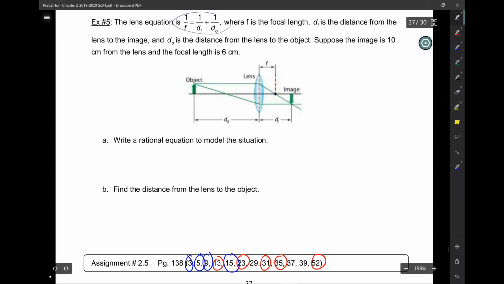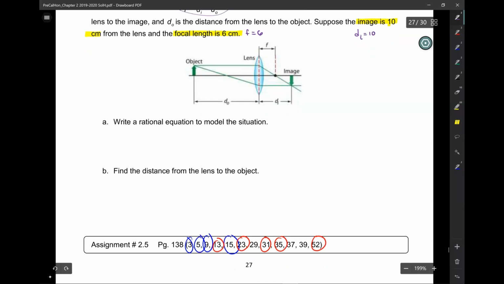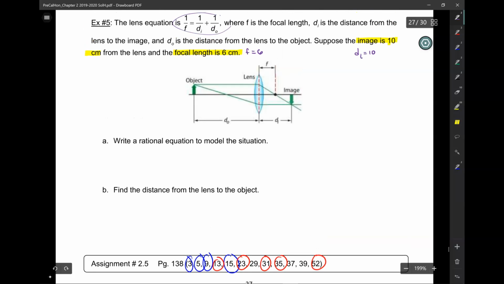And here, if you go to the second line, it says, suppose the image is 10 centimeters from the lens. So that tells you DI is 10. The focal length is 6. That tells me F is 6. Then it asks me to write a rational equation to model the situation.